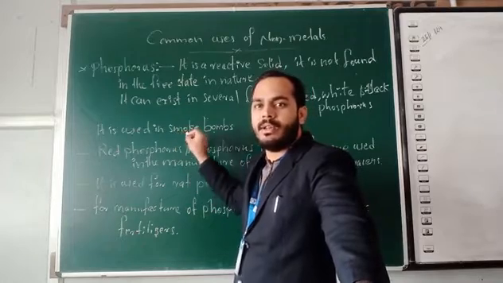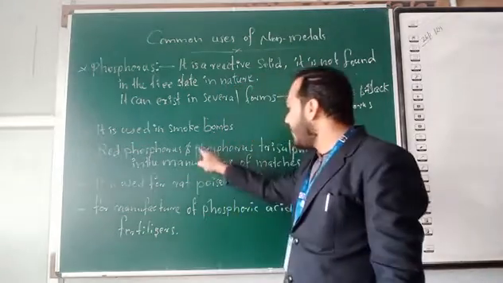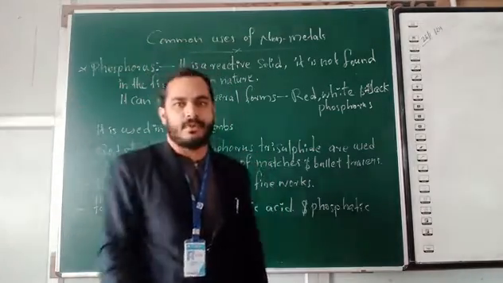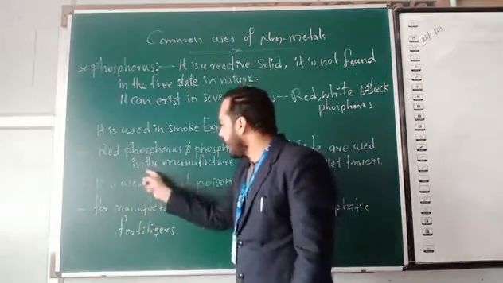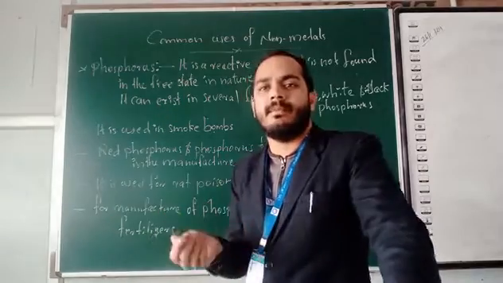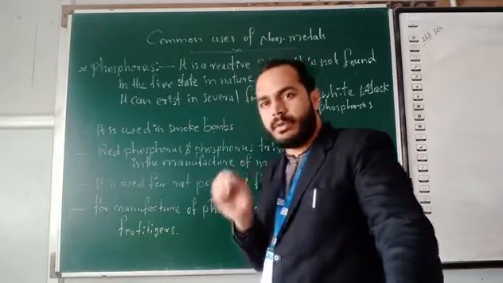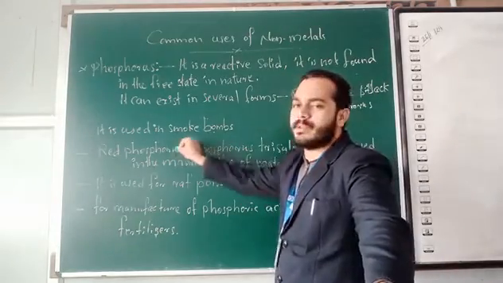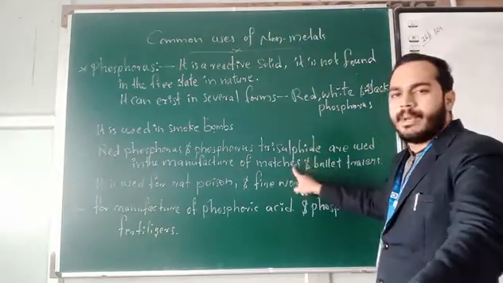Next, red phosphorus and phosphorus trisulfide, another compound of phosphorus, are used in the manufacturing of matches and bullet tracers, because they are highly reactive solids.